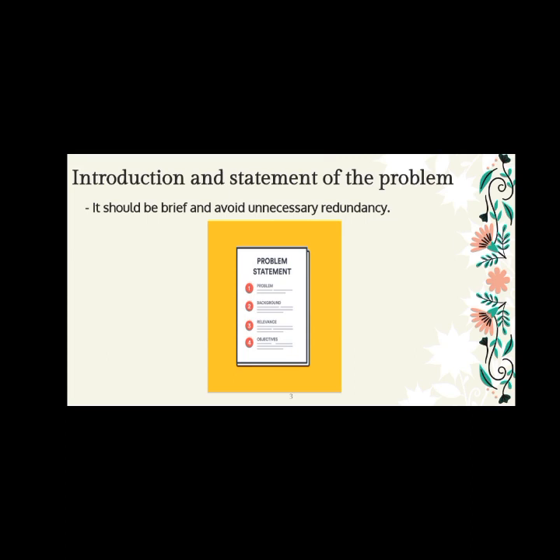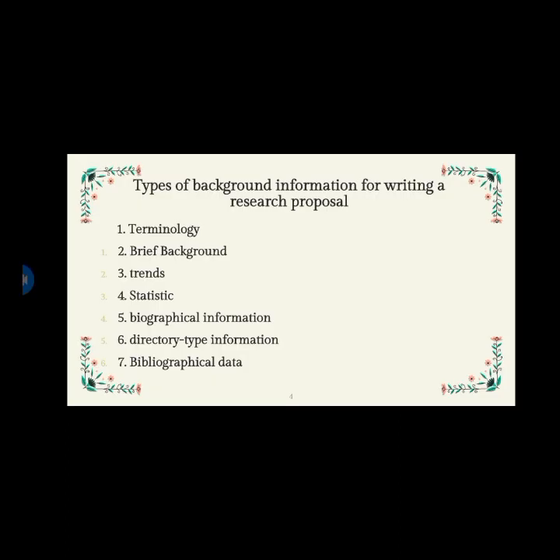This section should indicate the importance of the proposed study, or why a solution is needed, and identify anticipated benefits and their significance. Examples of common sources of such information in the field of library and information science are terminology, brief background, trends, statistics, biographical information, directory type information, and bibliographical design.